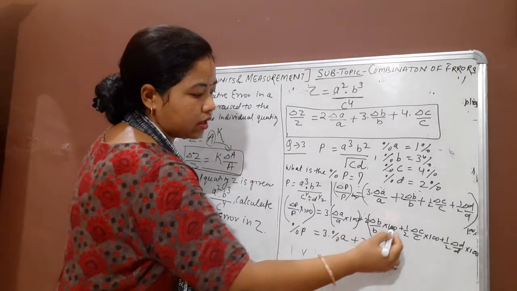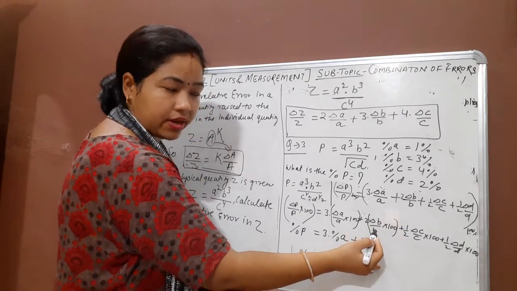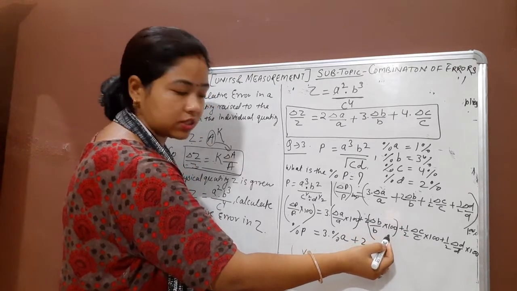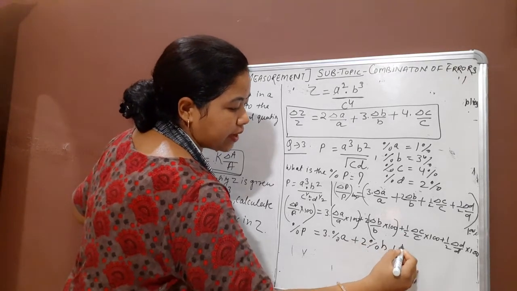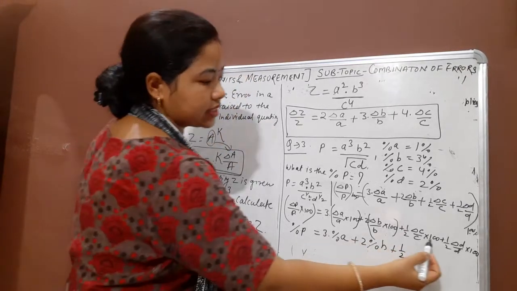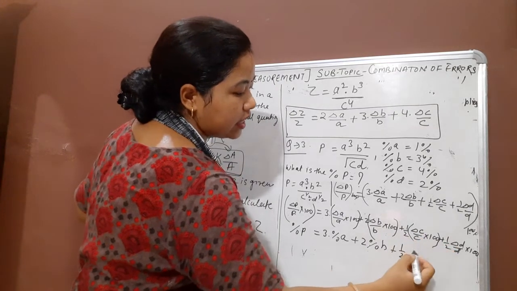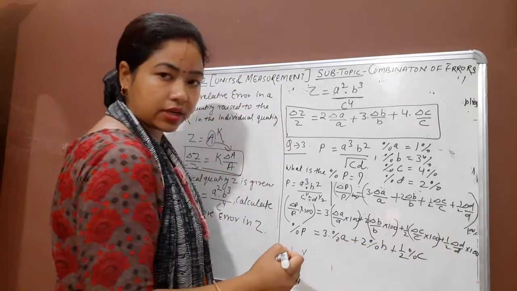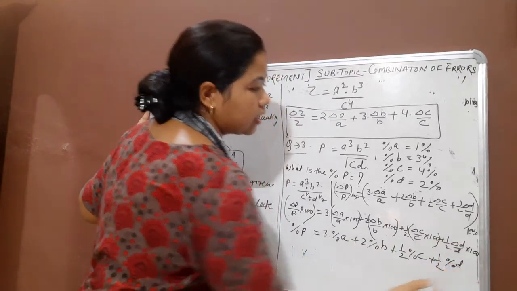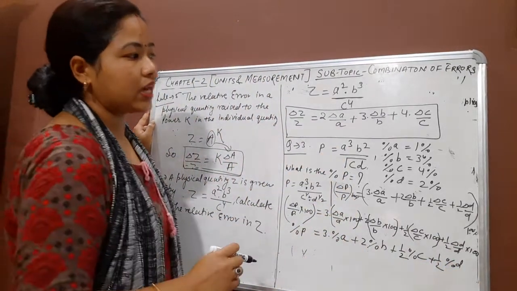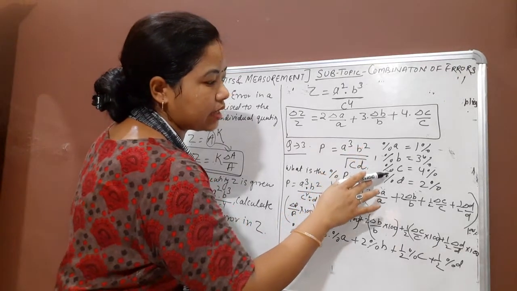Delta b upon b multiplied by 100 gives the percentage error in b, plus 1 by 2 will remain as it is. Delta c upon c multiplied by 100 gives the percentage error in c. Likewise the last term, 1 by 2 percentage error in d. Now from the question we have the values of the percentage errors in a, b, c and d.